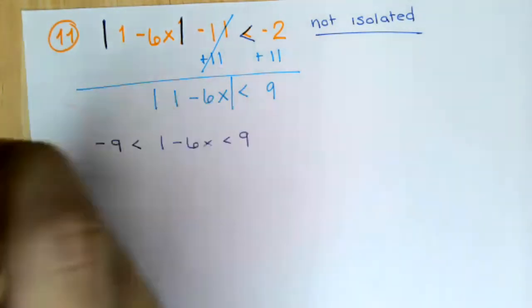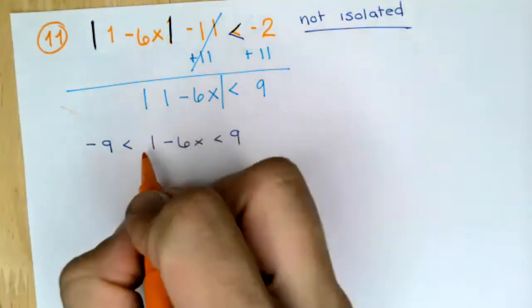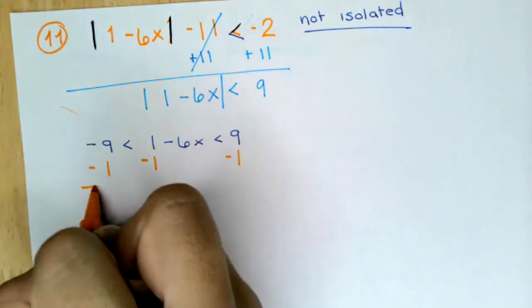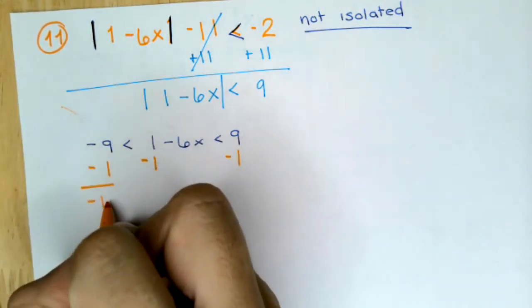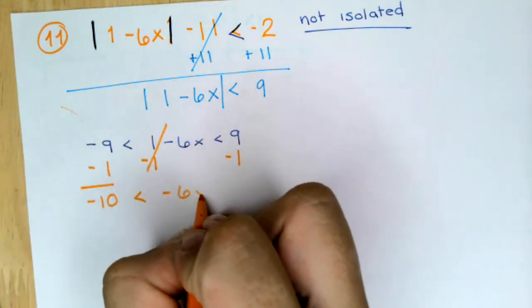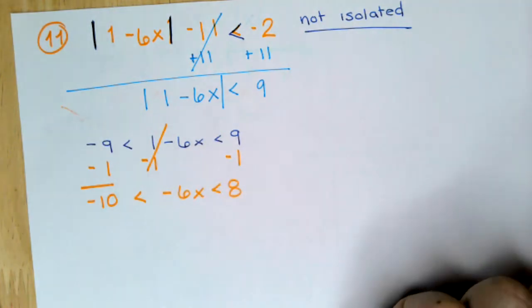I want to solve in the middle. So in the middle, I want x alone. So I'm going to subtract 1 everywhere. 9 minus 1 is -10. This is a -6x, and this is an 8, okay?